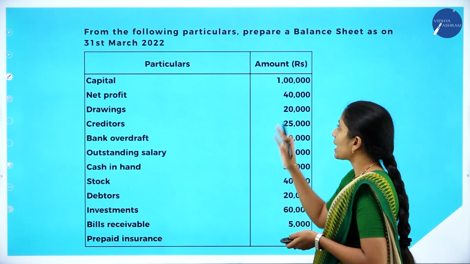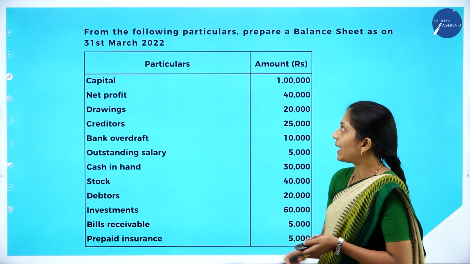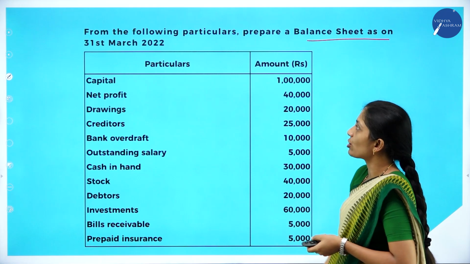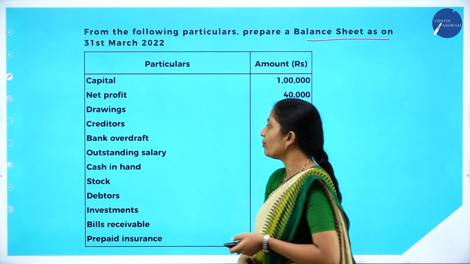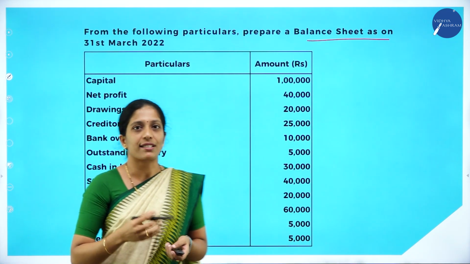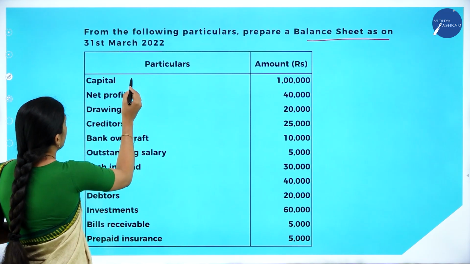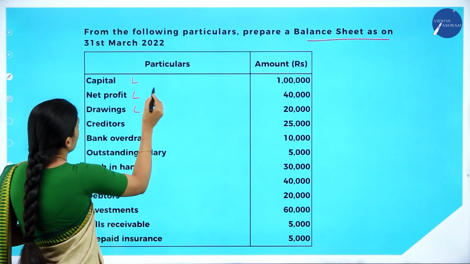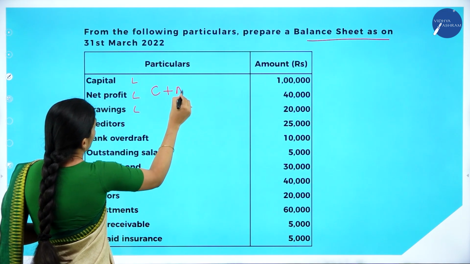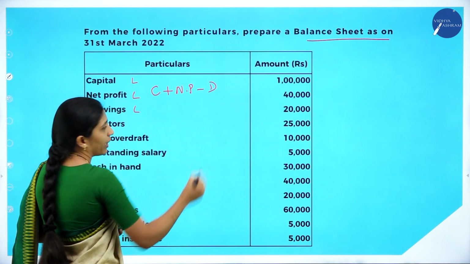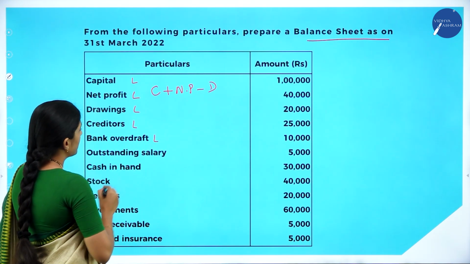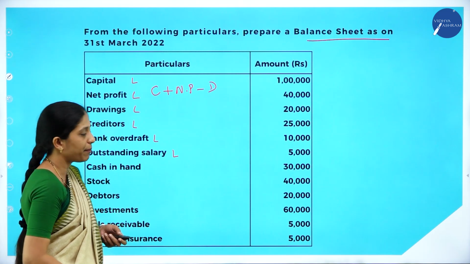Now moving on to the next problem, which is also on balance sheet. From the following particulars, prepare balance sheet as on 31st March 2022. Let us segregate them into assets and liabilities. Capital is a liability. Net profit, liability. Drawings. For capital, add net profit minus drawings. Creditors, liability. Bank overdraft, liability. Outstanding salary, liability.